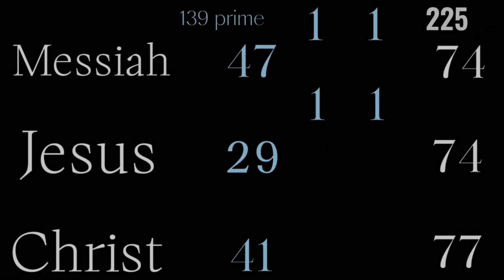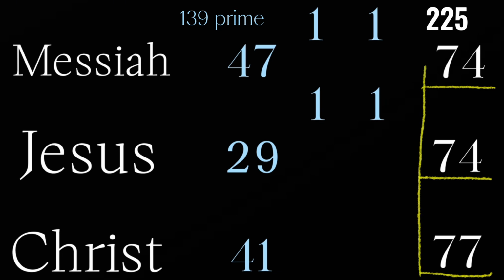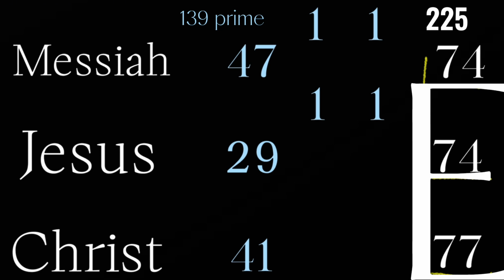Now, let us underline the non-primes. Next, let's separate the primes by drawing a divide line. Now we have our E, that represents the East Star.